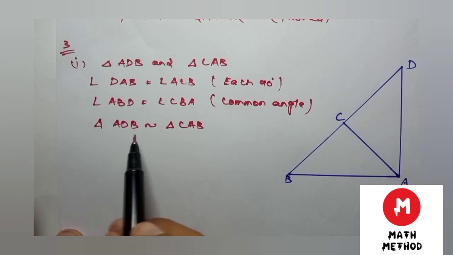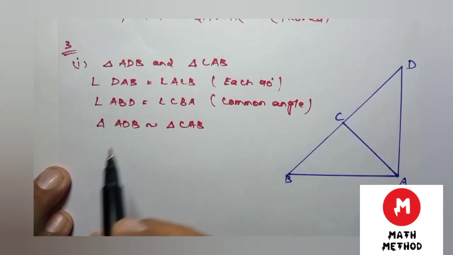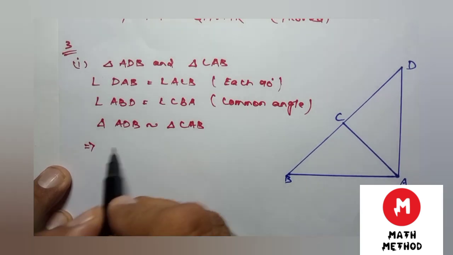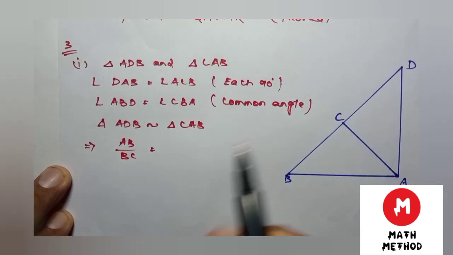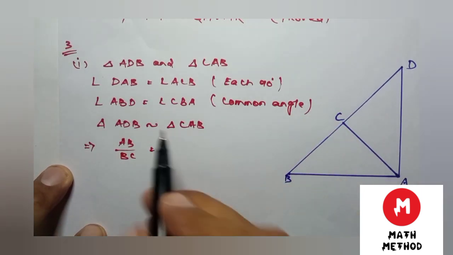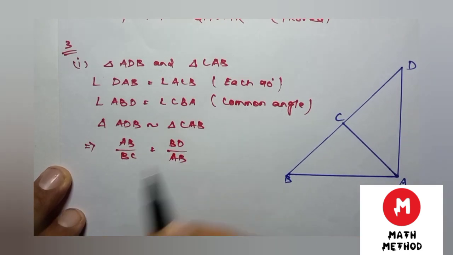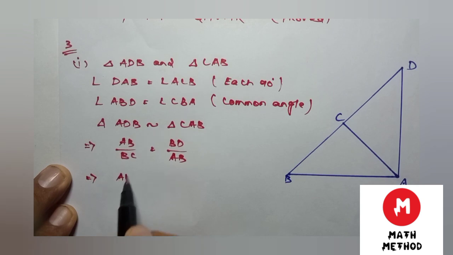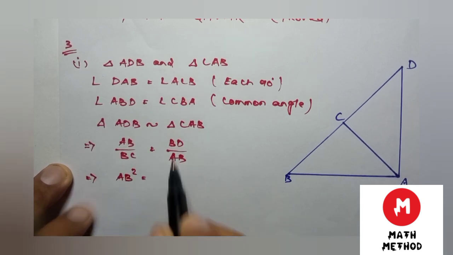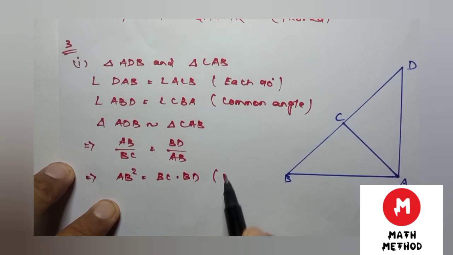So therefore both triangles are similar, therefore their corresponding sides are in similar ratio, implies AB upon BC is equal to the corresponding side BD upon AB. Now cross multiplication: AB into AB, our AB square is equal to BC into BD. Proved. This is our part 1 proved.